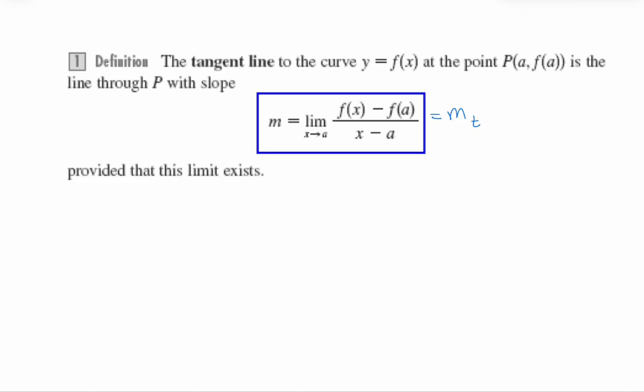If we get closer and closer to A, which they had called some point P is the point A, f of A, the slope is going to represent the slope of the tangent line. So I will put a little T there to denote that. That is going to be represented by an instantaneous rate of change.